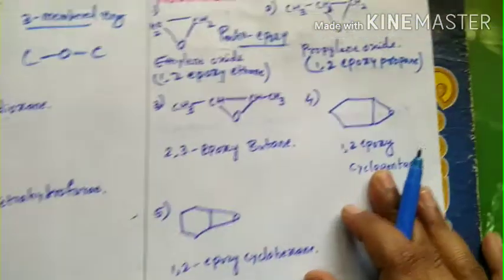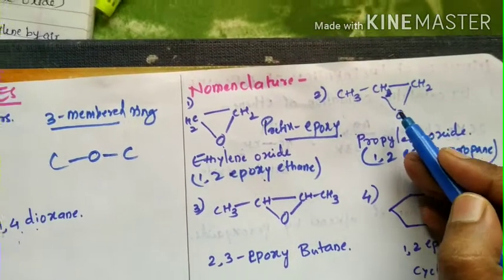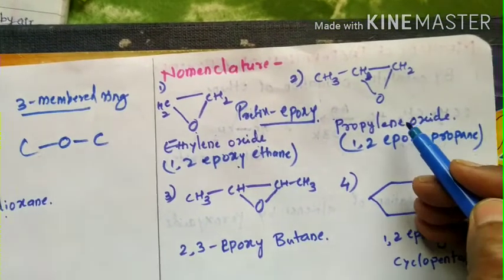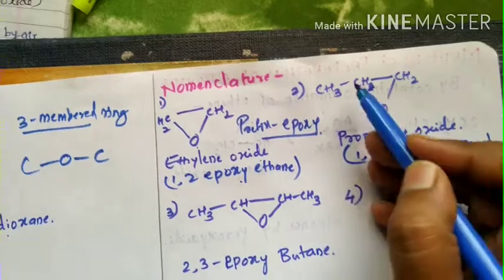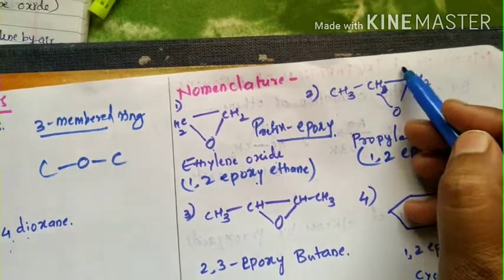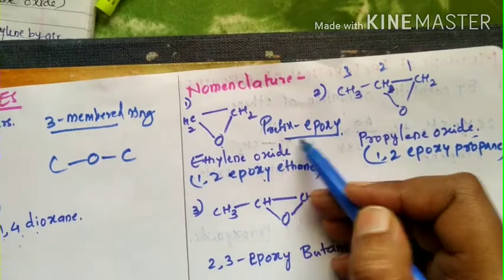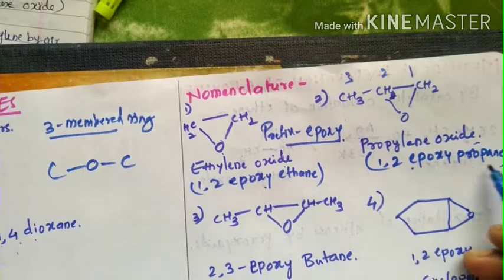In the same way, in this structure, CH3CHCH2O, here 1, 2, 3 means propylene oxide. Here the 1, 2 prefix is added as epoxy: 1,2-epoxypropane.